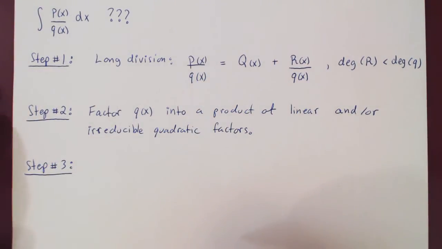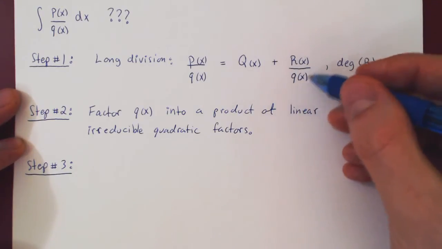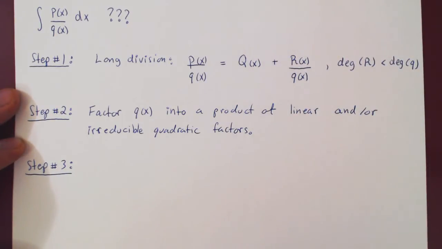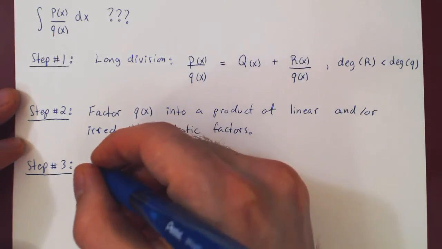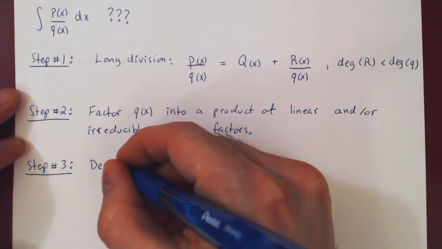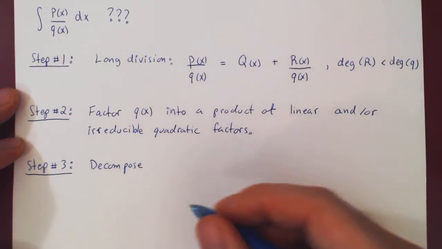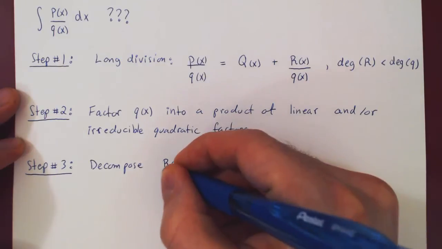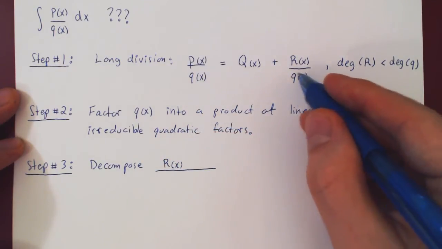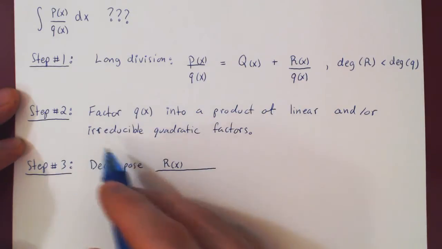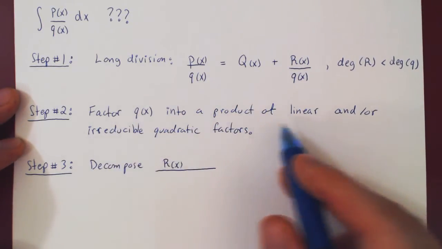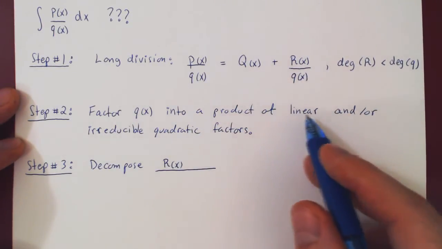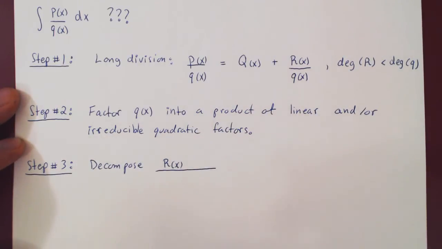Now the idea is to decompose a single rational function into a sum of simpler rational functions, and we will call these simpler rational functions partial fractions. And that is step 3. So decompose R of x over, and I will not write q of x, but I will write what is coming out of step 2, which is a factorization of q of x into linear and or irreducible quadratic factors.